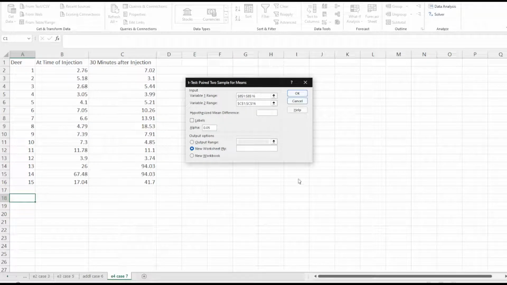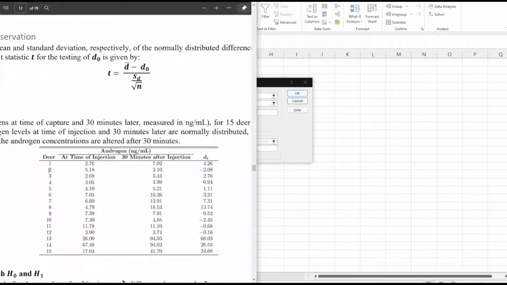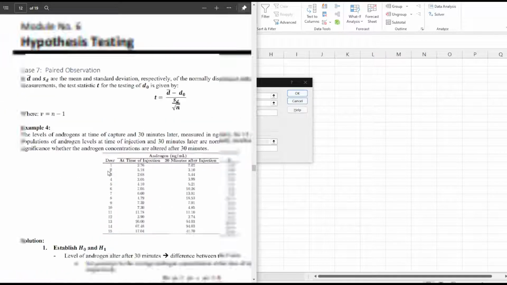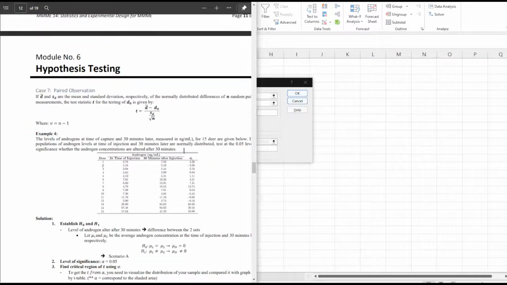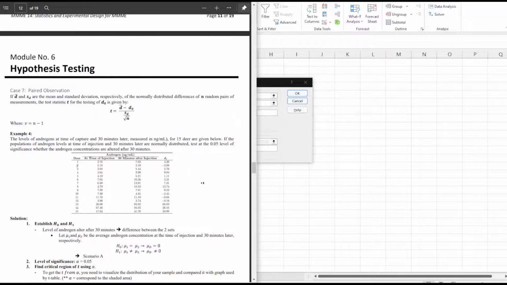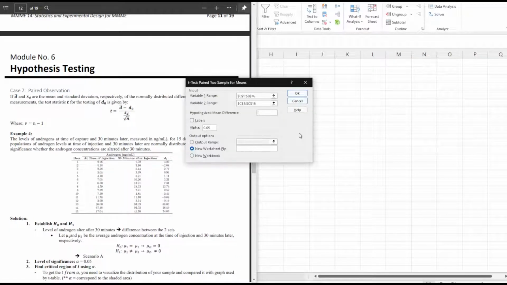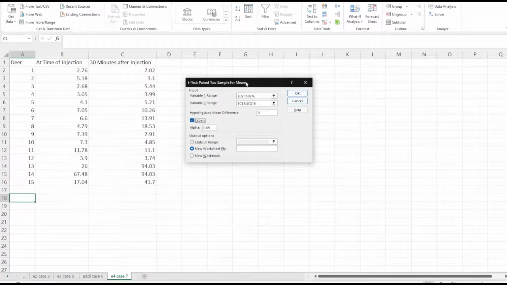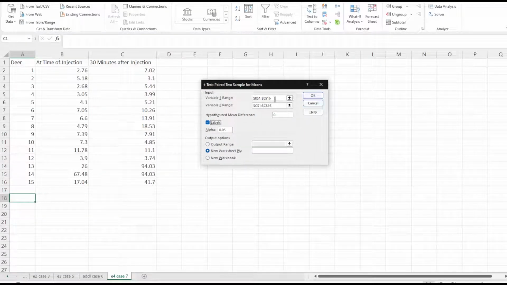Okay, so you don't have any hypothesized difference, no? Kasi based dun sa problem, and we can go back to the problem, no? Based sa problem naman, wala namang sinabi na we are asserting na mayroong difference between the two of them, no? So it's okay na i-set natin to 0 and i-click natin yung labels kasi dun sa yung data range na sinelect natin, sinama natin tong label.